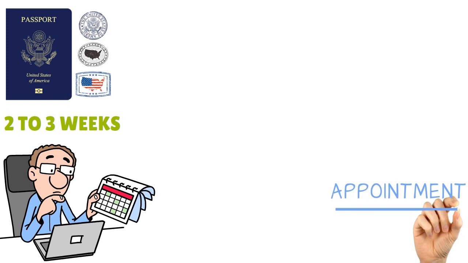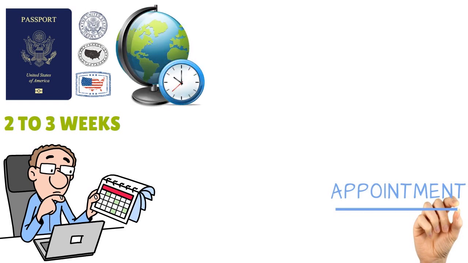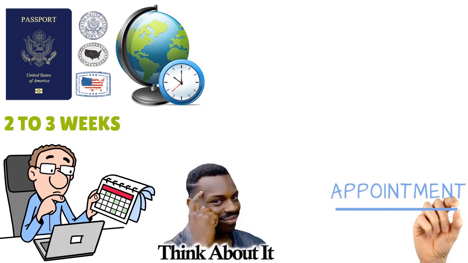So that's important. Now, processing times include the time your application is at one of the department's passport agencies or centers. You may get your passport on a different date than your family member or friend. Also, mailing times are not included in processing times. So something to keep in mind, okay? So, 4 to 6 weeks, expedited 2 to 3 weeks.